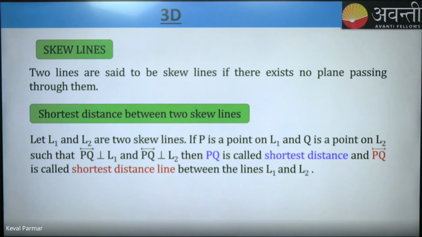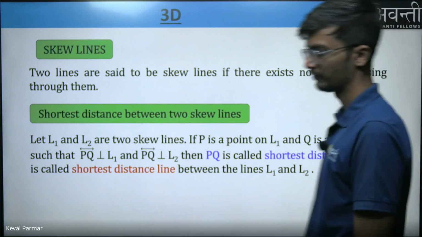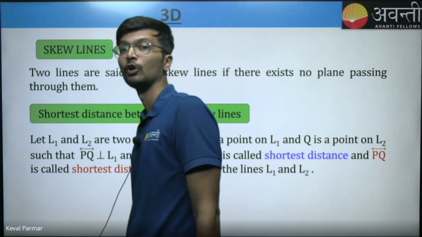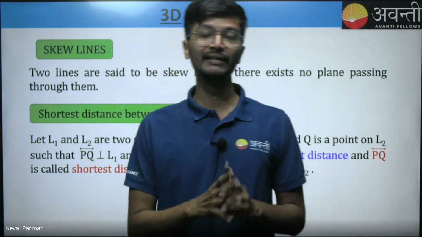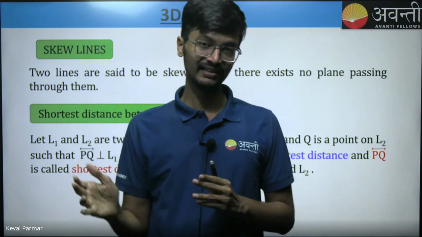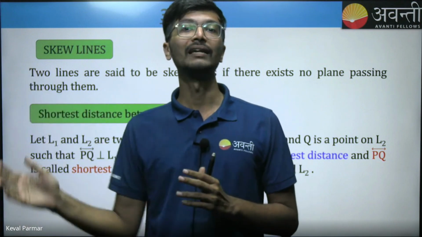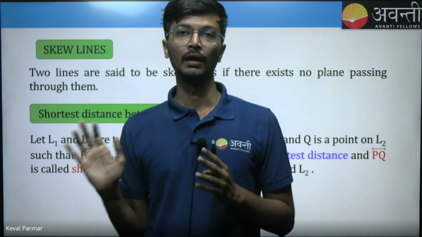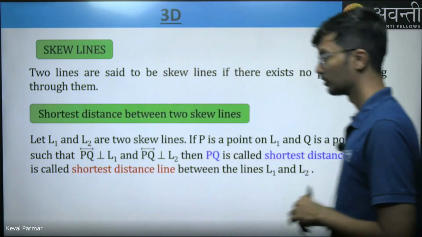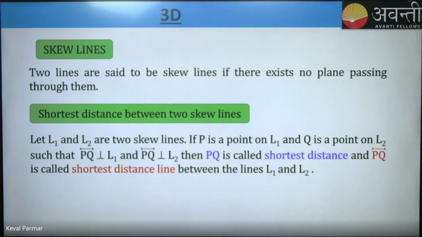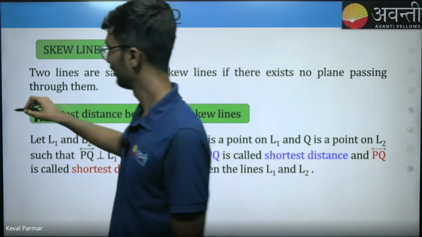Next is skew lines. What are skew lines, guys? Skew lines are non-coplanar lines. That means those lines neither intersect nor are parallel to each other. So the shortest distance between two skew lines, I hope you know, is a very important concept.